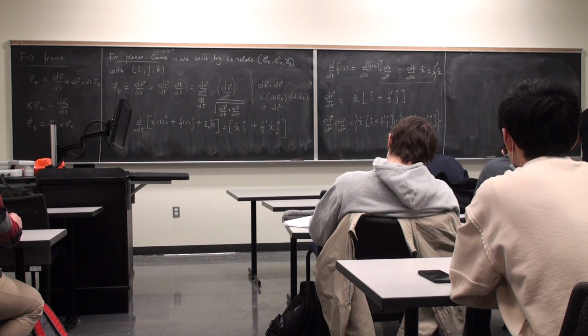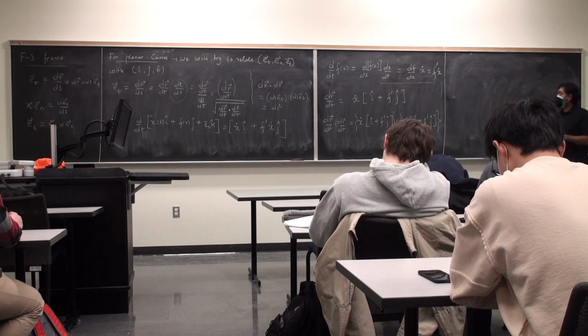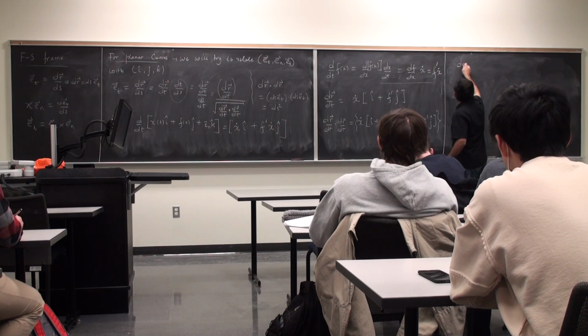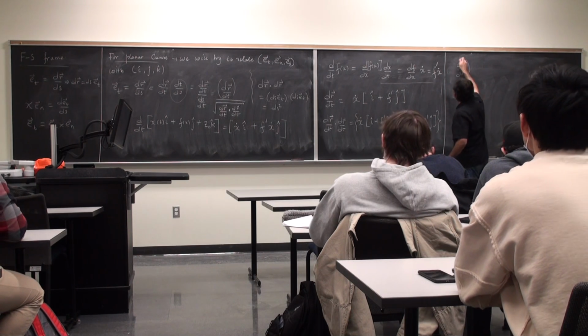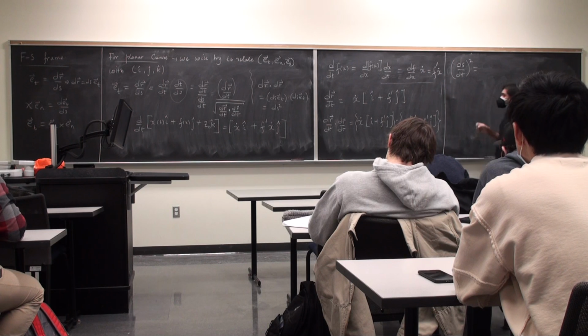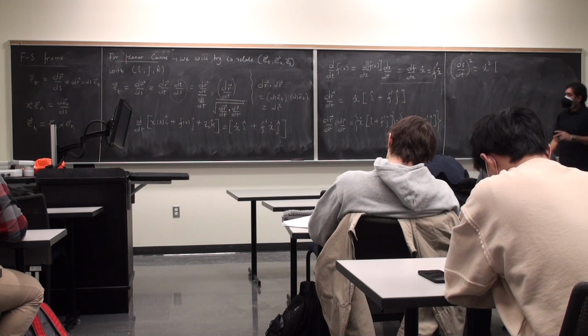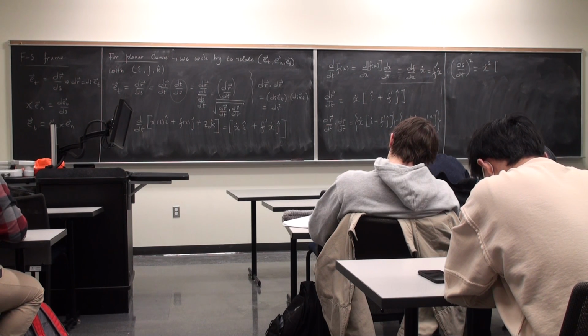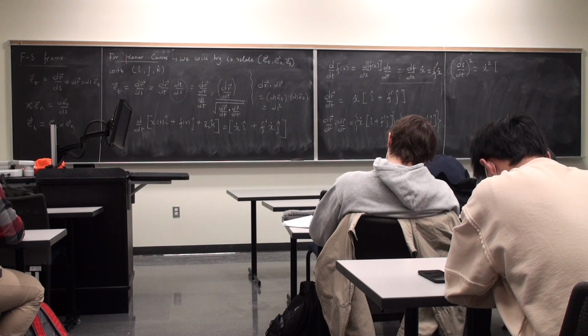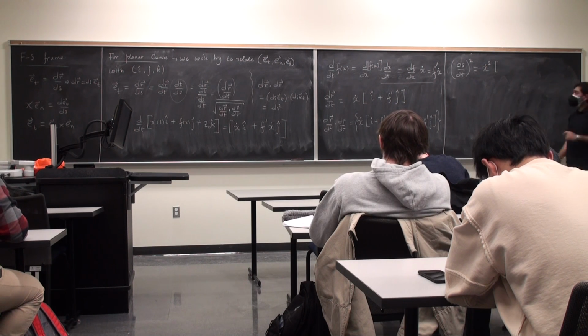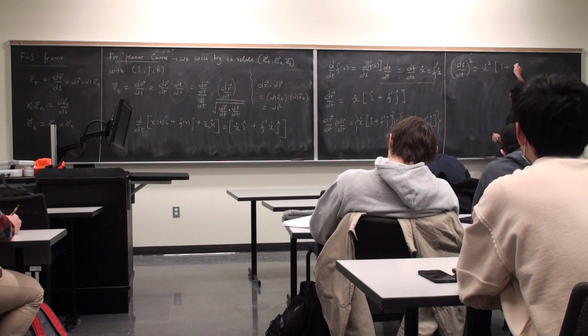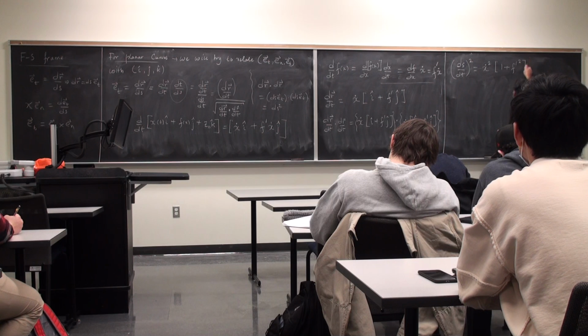dr by dt dotted with itself is ds by dt squared. x dot and x dot is x dot squared. Then the dot product of the vectors: i hat dotted with i hat is 1. f prime j hat dotted with f prime j hat is f prime squared. So this is 1 plus f prime squared.